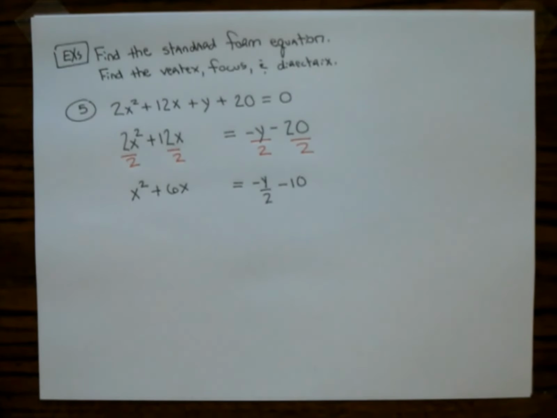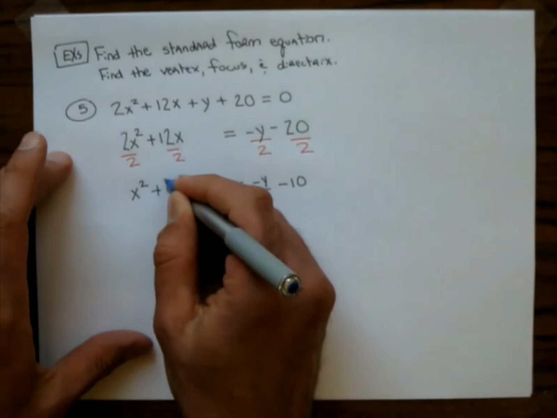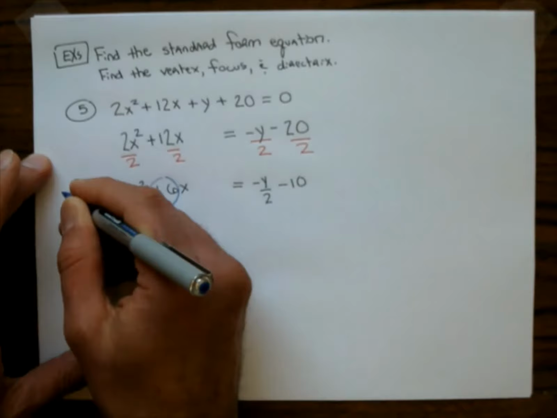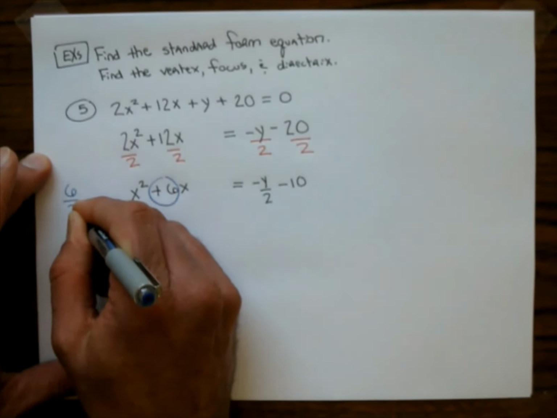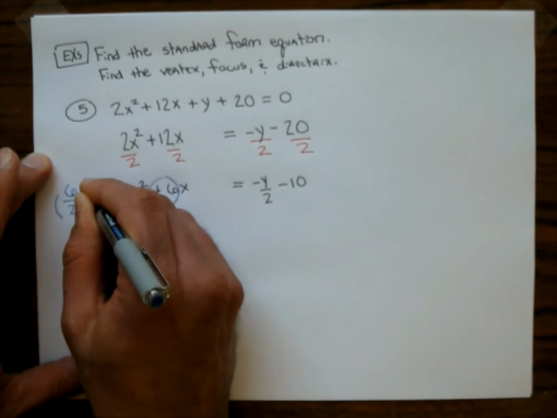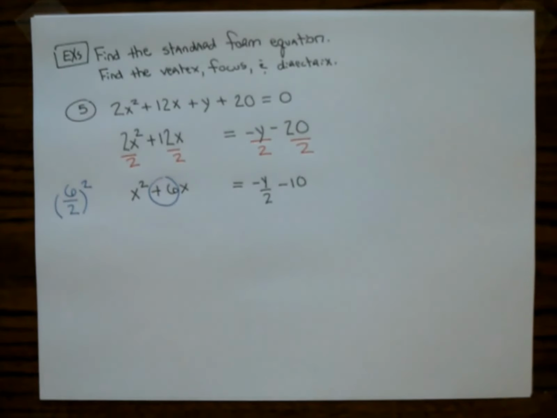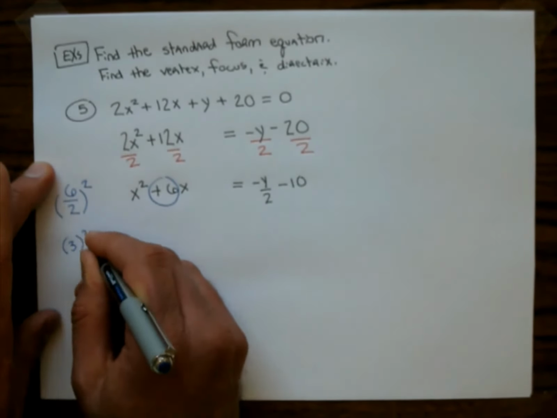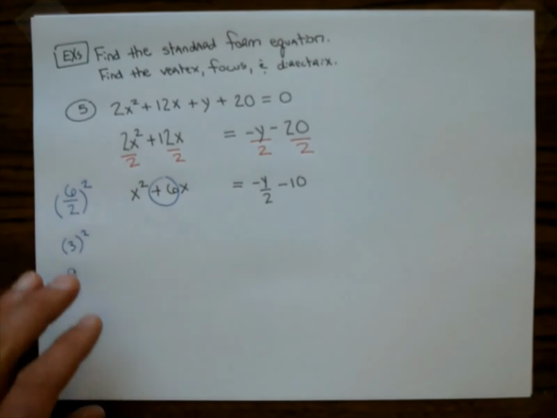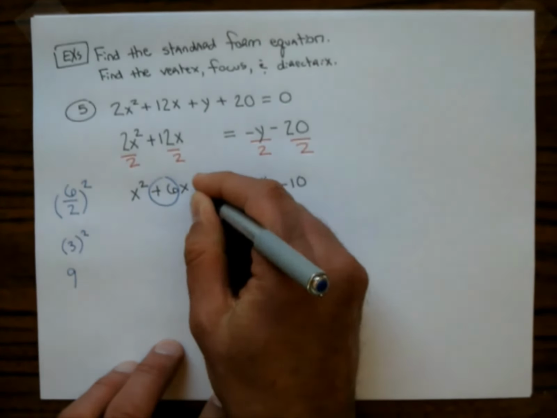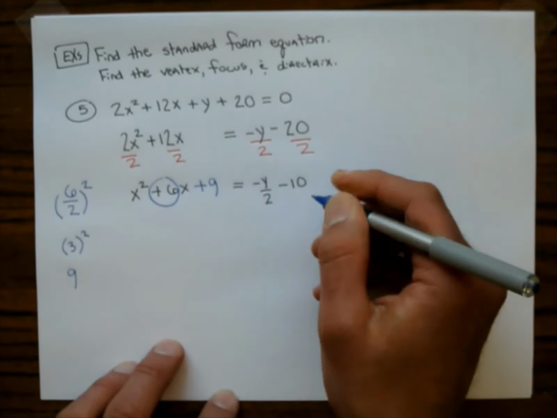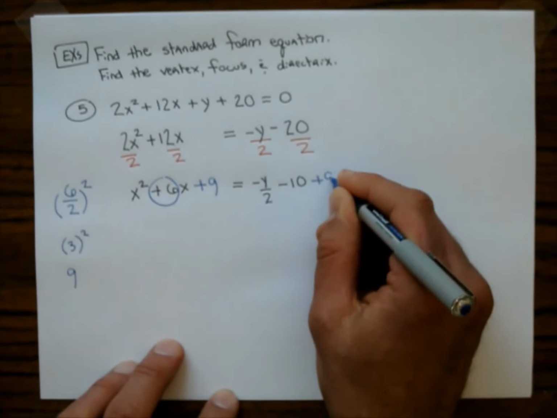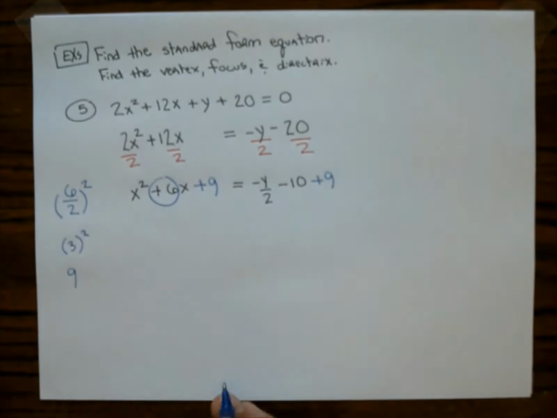We're going to go ahead and take this number here, 6, and we're going to chop it in half and square it. And we kind of went over this in 7.2. So this is 3 squared, which is 9. 9 is the magic number. I'm going to add it right here, and there's really nothing magic about this. This is math. But we just say that anyway, I guess.